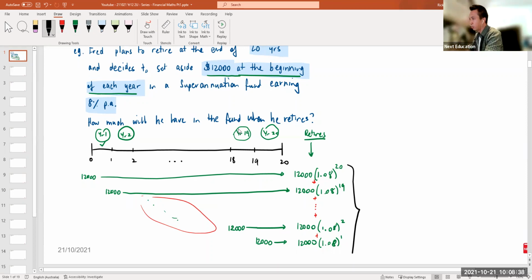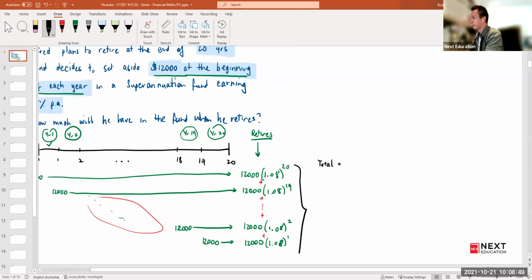So when I add these up, I always say to my students, put the smallest power first. So I'm just going to say, let's go total equals to, scroll over a bit. Total equals to, put the smallest one first. So 12,000 times 1.08 to the power of 1 plus 12,000 times 1.08 squared. Your teachers will love seeing you do this line of working out before you do the final answer.